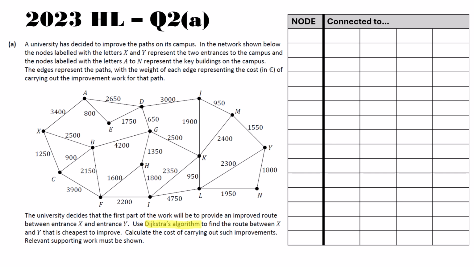So we're going to start at entrance X, and that is node 1. You can call that node 0 too, it doesn't really matter, but I'm going to call this my first node. So when I work with X locked in as my first node, I need to look at all the nodes that are connected directly to X, and they are A, B, and C, and the values are given in the brackets.